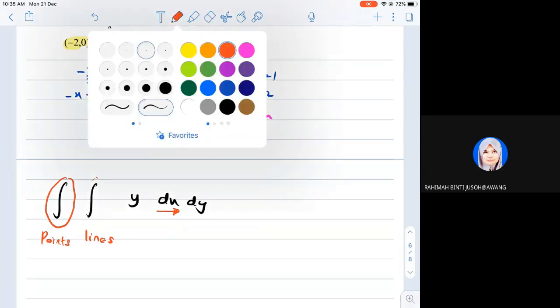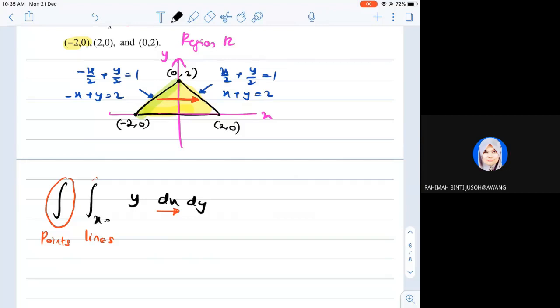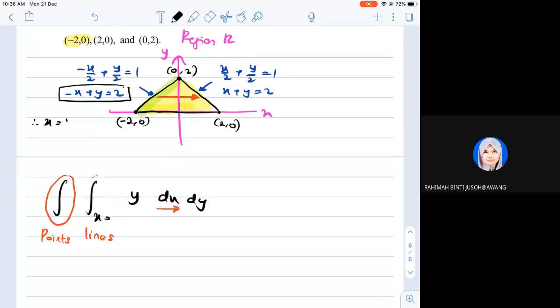Okay, what happened now? X equals to what? From the left line here. Okay, this is the left line. Therefore, we have x equals to 2 minus y. Sorry, this one should be x equals to y minus 2.